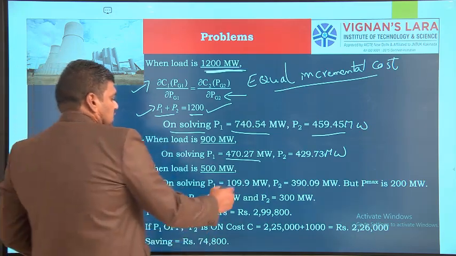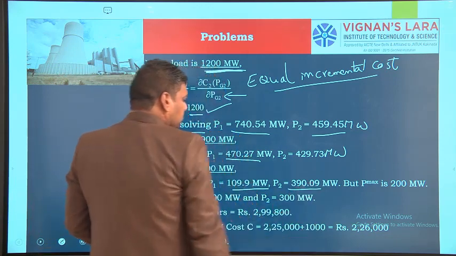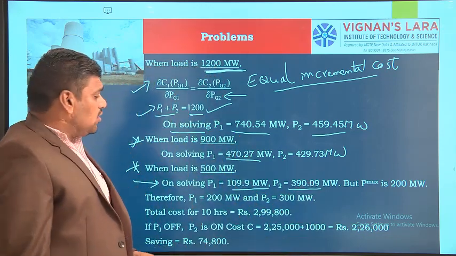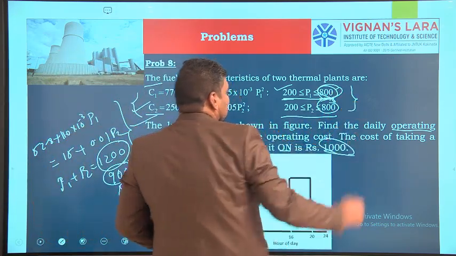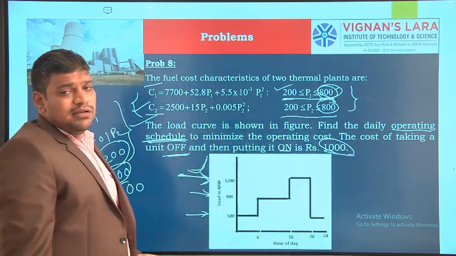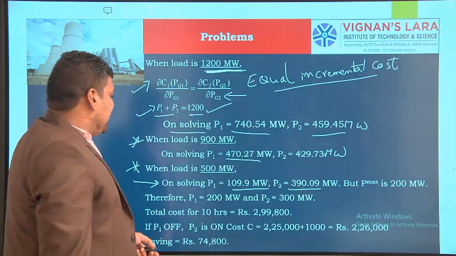Then P1 is 109.9 megawatts and P2 will be 390.09 megawatts. But the minimum limit for the generator is 200 megawatts. Therefore, what will be the criteria?